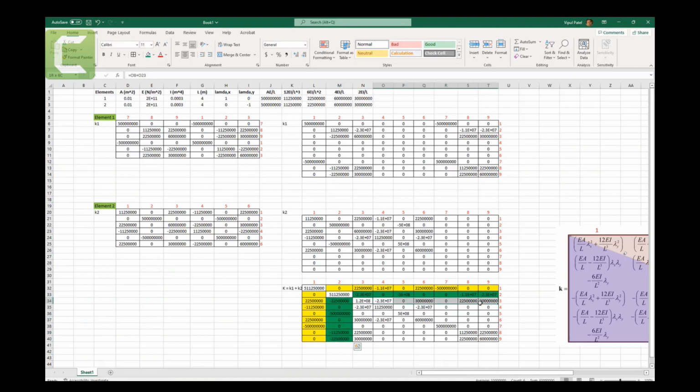All these numbers here are the same here, right? You can watch it. And these numbers here are the same as these numbers. And similarly, these numbers here are the same as these numbers.